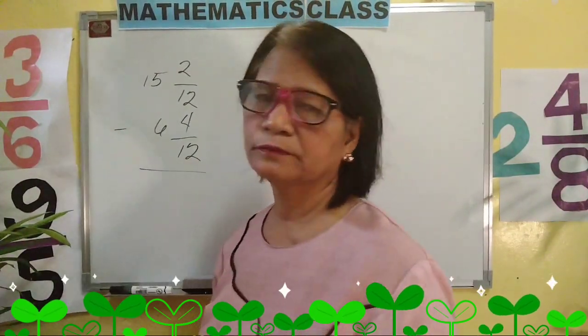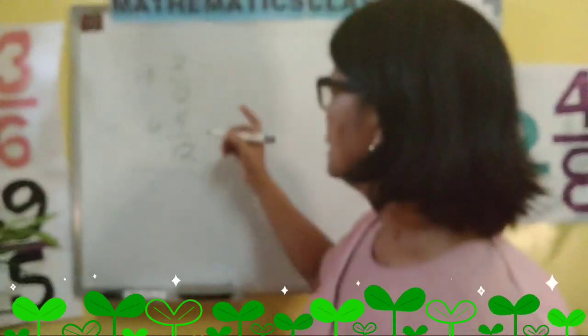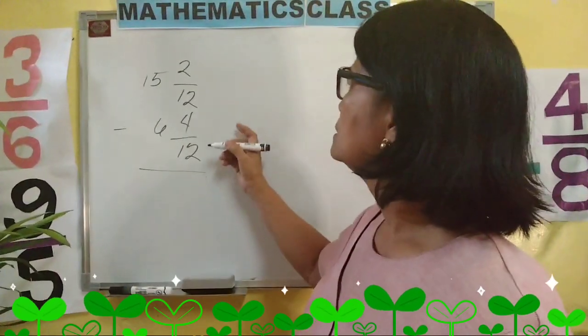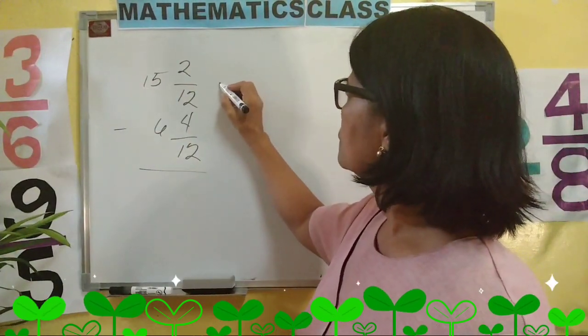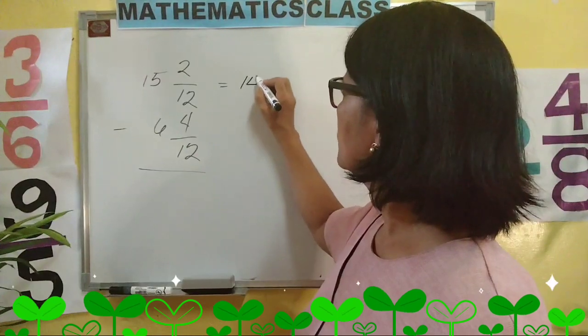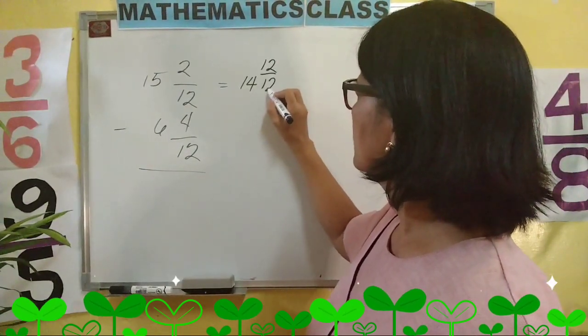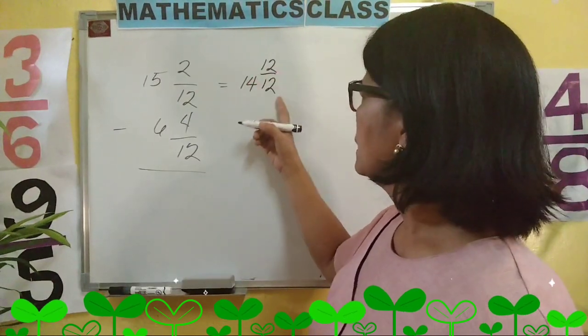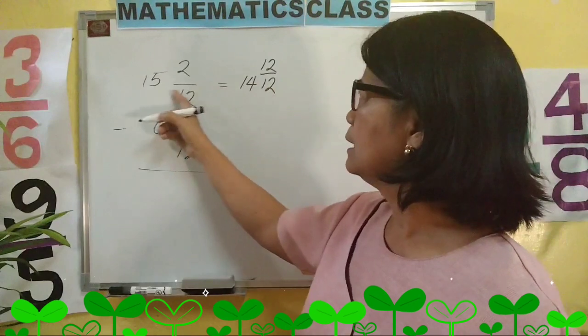So first, we have to subtract the numerator by the numerator. 2 minus 4 cannot be. So we have to rename 15 into 14 and 12/12. Why 12/12? 12 divided by 12 equals 1. 1 plus 14 equals 15.